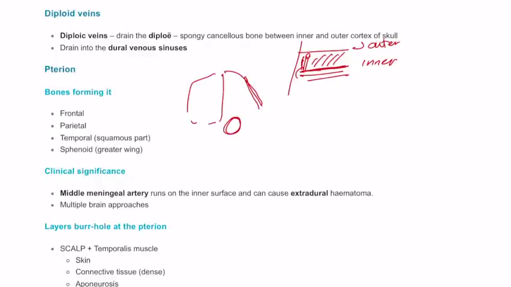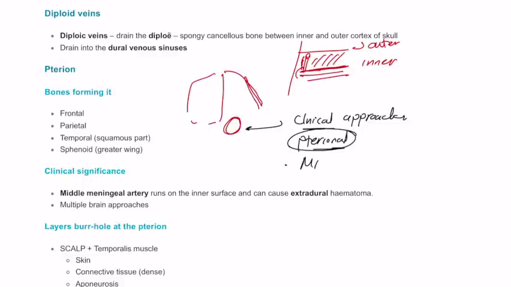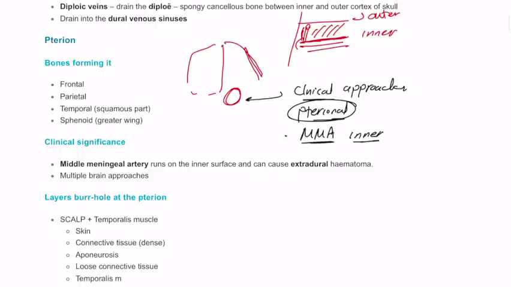The pterion is quite an important structure which represents multiple clinical approaches for many different surgeries, including aneurysmal surgery, which is called the pterional approach, all right? And also it's an important structure because the middle meningeal artery passes on the inner side of the pterion. So any injury to the side of the head can lead to an epidural or extradural hematoma. So these are the clinical significance.